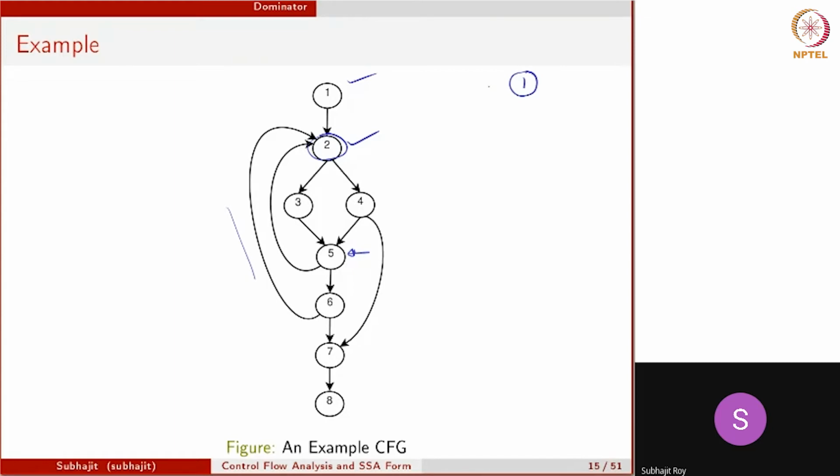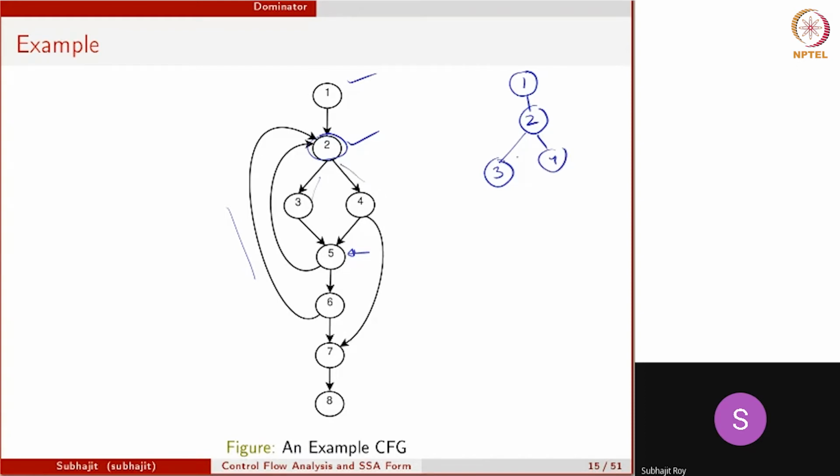What will be the successor of 1 in the dominator tree? It will be 2. What will be the successors of 2 in the dominator tree? It will be 3 and 4, because 3 and 4 have 2 as their immediate dominator.